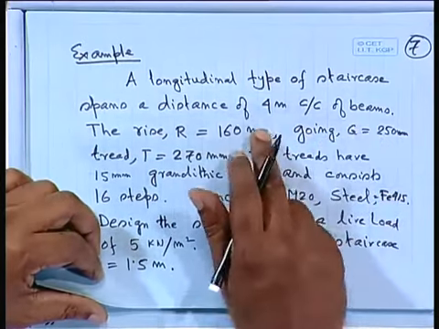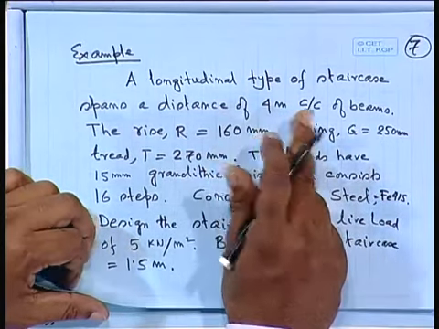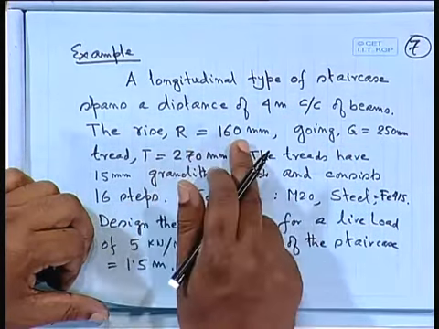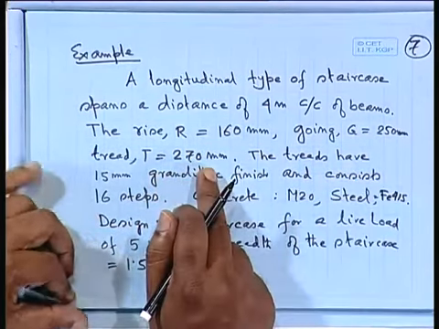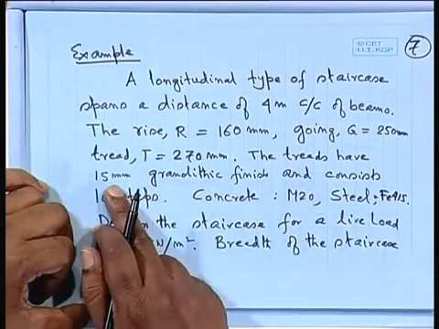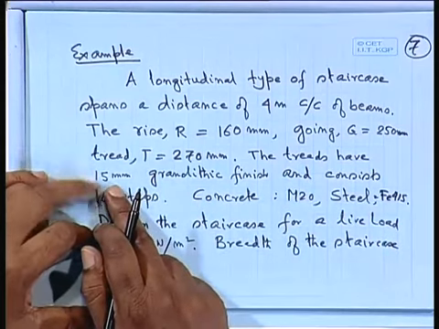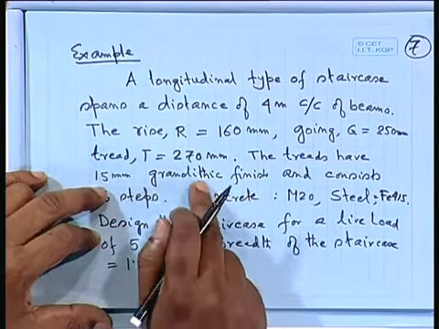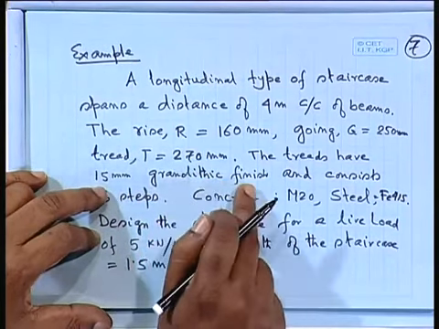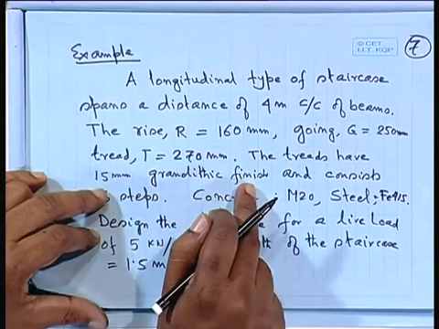The beams, that means it has to span between 4 meter, the rise 160 millimeter, going 250 millimeter, tread 270 millimeter, and it has a finish, because these are the floor finish, but here specifically mentioned we shall take the unit weight of this granolithic finish as 23.5 kilonewton per meter cube.